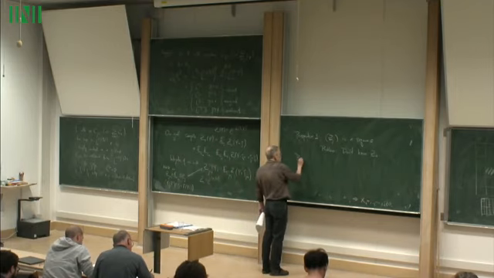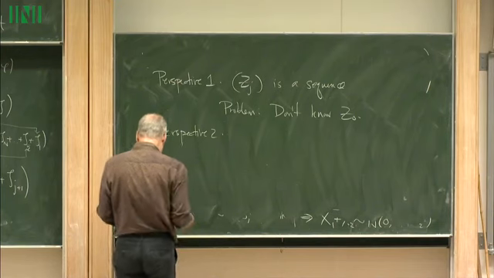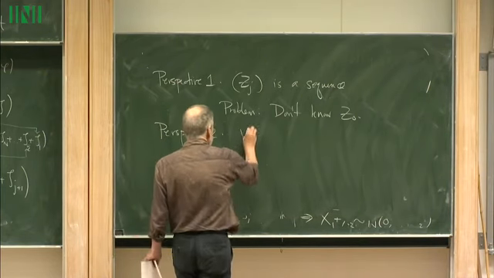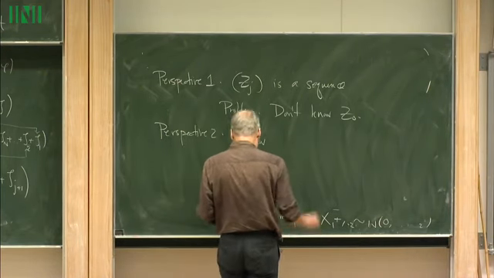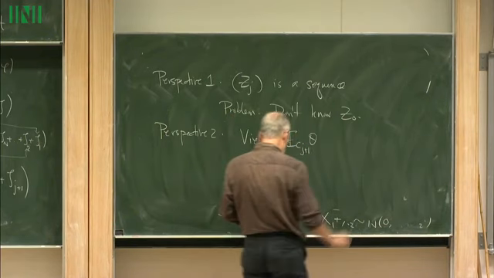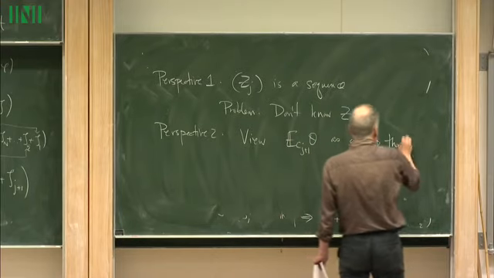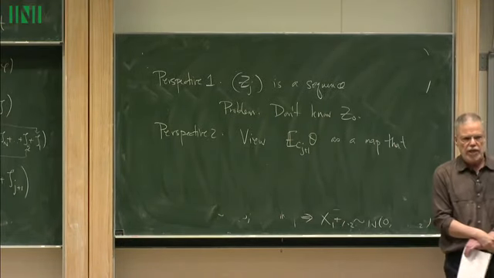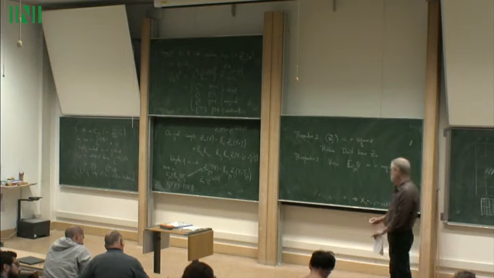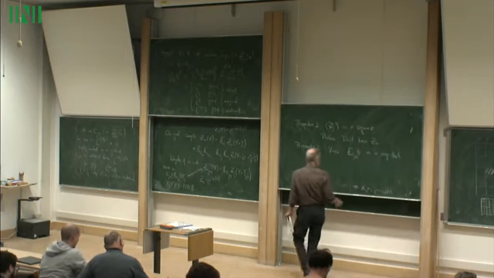So perspective 2 is a wider one, which is to view this E Cj plus 1 theta as a map that takes any reasonable z to a new z. Doesn't have to be the Zj that's produced by some sequence.